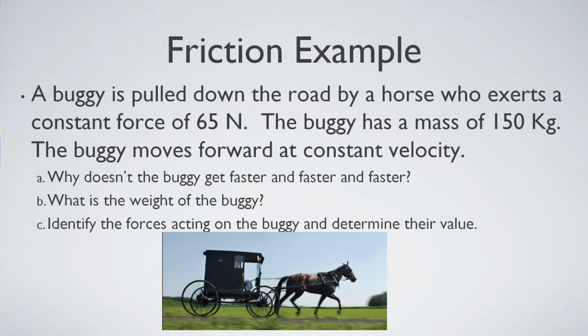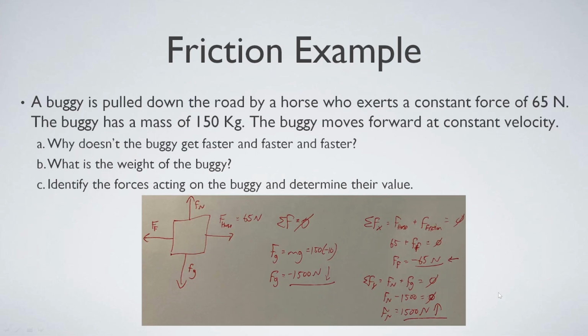So, first question, and this is just a concept question, why doesn't the buggy get faster? Why is it not accelerating if the horse is pulling on it? Because force causes acceleration. Why is the cart not speeding up? It's because, yes, there is a force pointing forwards.